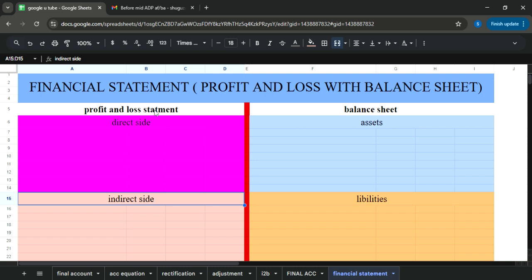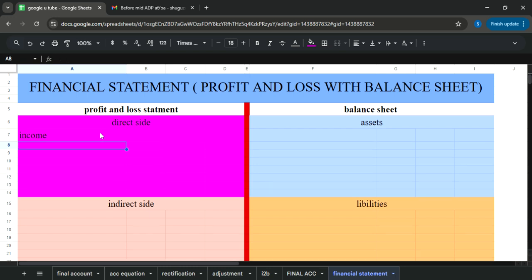So if there is profit or loss, you will be mentioning this profit or loss over here. How can you calculate profit? It's very simple to understand. At first, you will see how much income the business is earning. Let's say the business has earned 10 rupees as income.